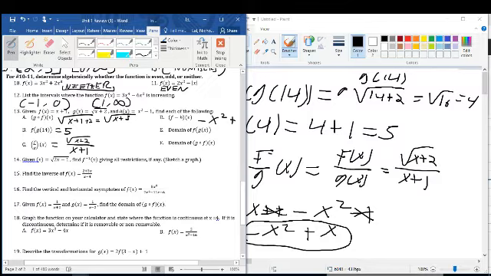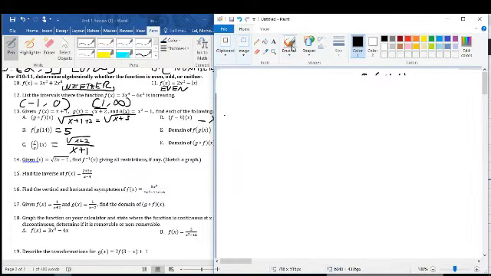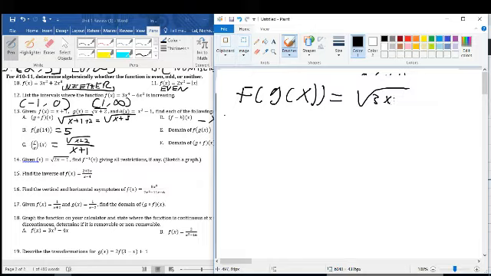Domain of f of g of x and g of f of x. Well, f of g of x is equal to square root of x plus 2 plus 1.